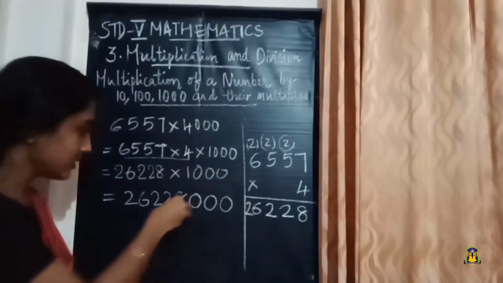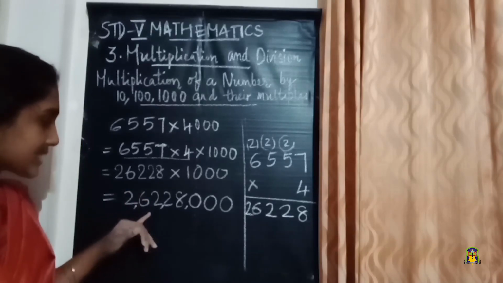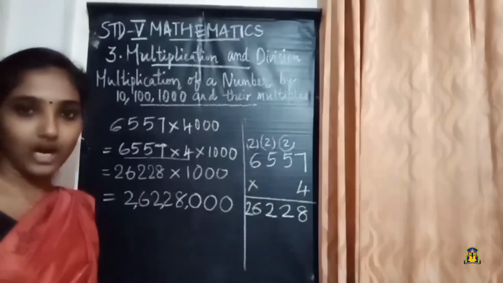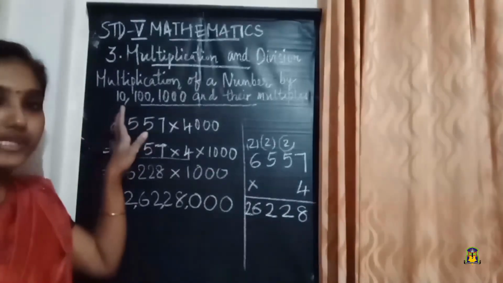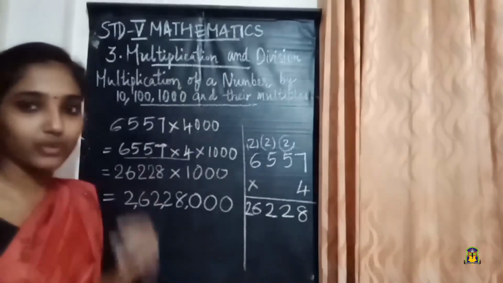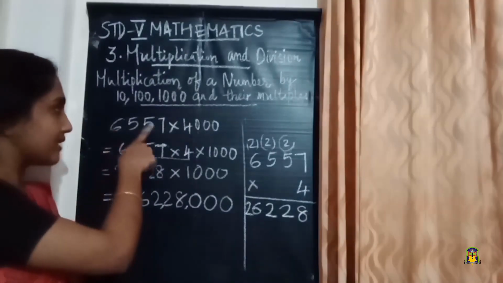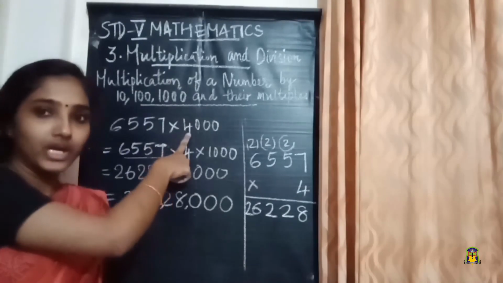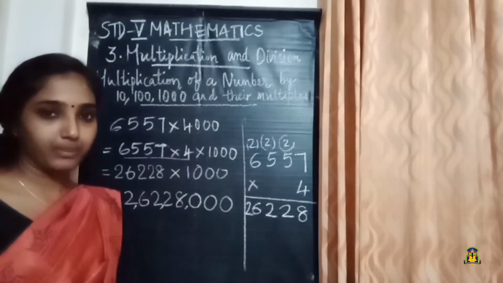So the final answer becomes 2,62,28,000. So to multiply 6,557 with 4,000, we have first multiplied 6,557 with 4 and then added 3 zeros to the right hand of the product.